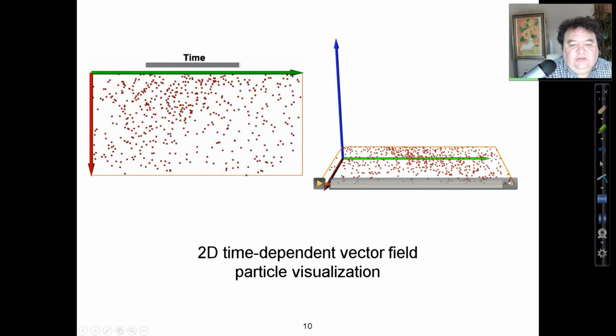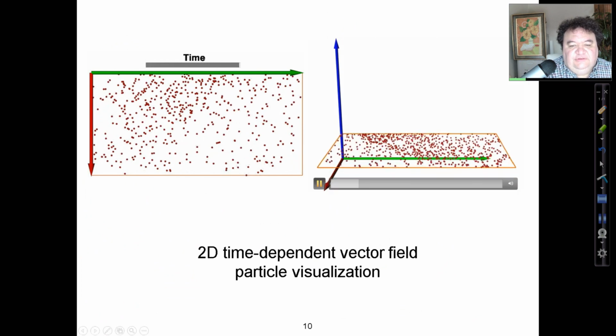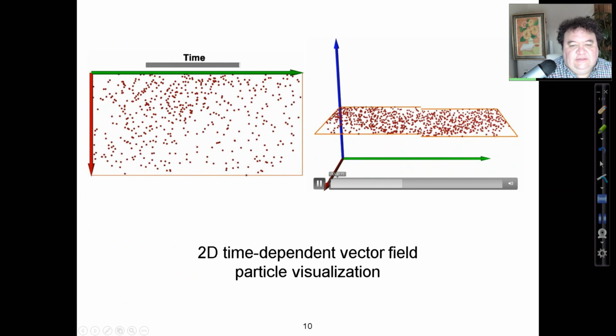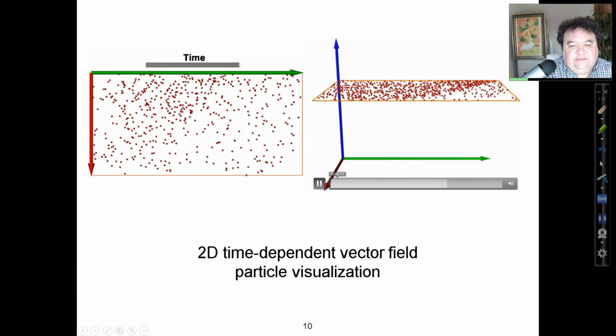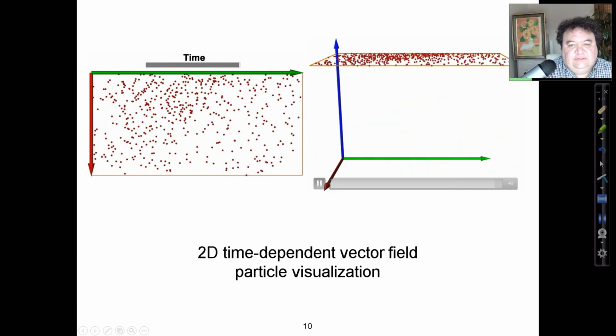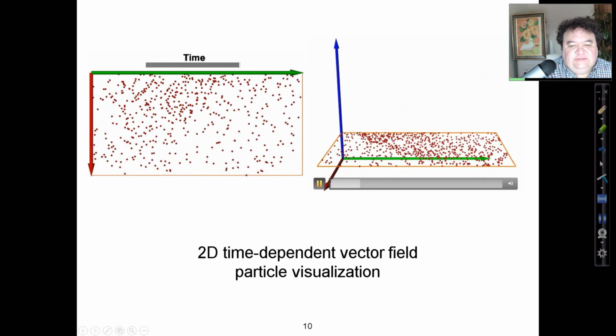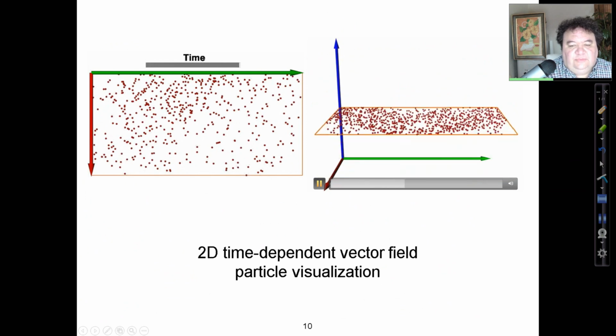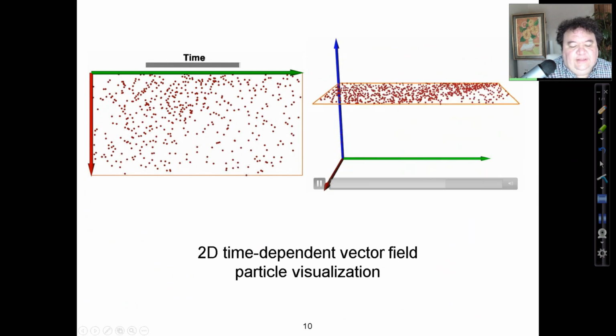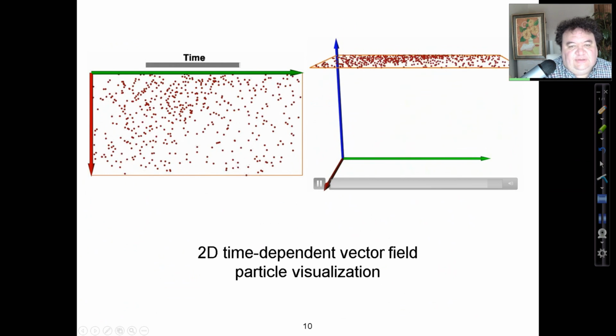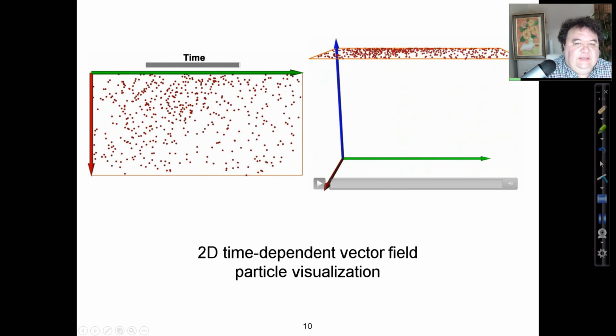When we visualize in the space that we used before, at least you can start seeing how the field changes over time and how the particles evolve in a different way. And so this is kind of a conceptual model where, in a way, a two-dimensional plus time vector field is represented as a single three-dimensional entity, which is easier to interpret.